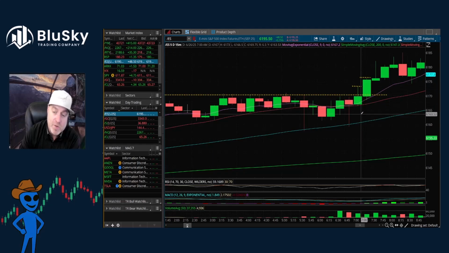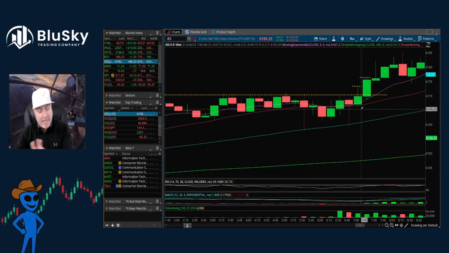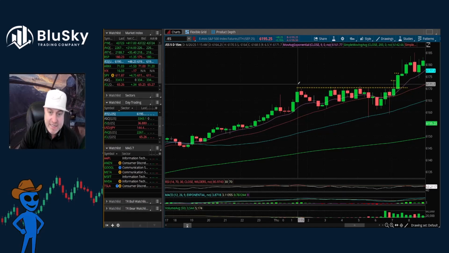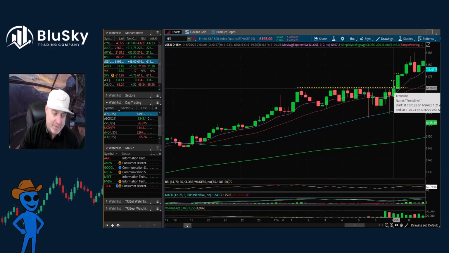Now, stop loss. So that's how you handle entry. You got aggressive, you got conservative. The difference for me is if it's an existing trend or not. Because the market had consolidated here for a good 7 hours, I wanted to see the close.